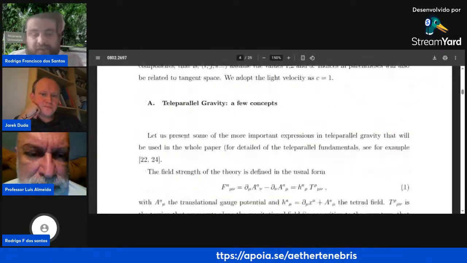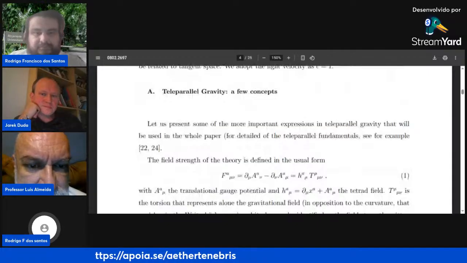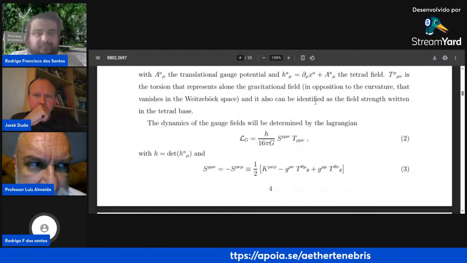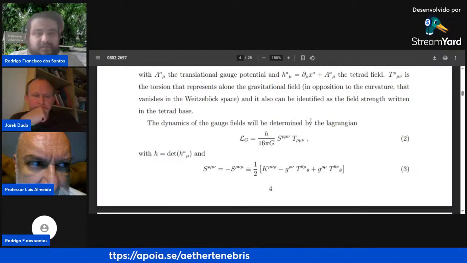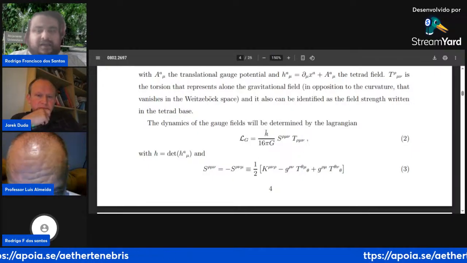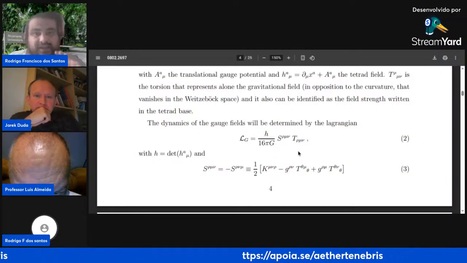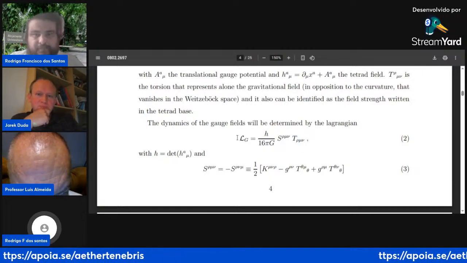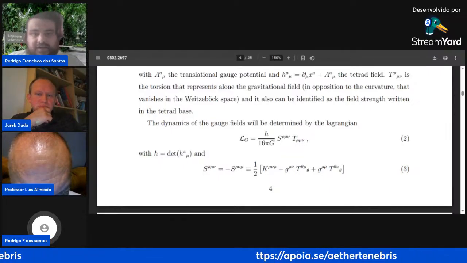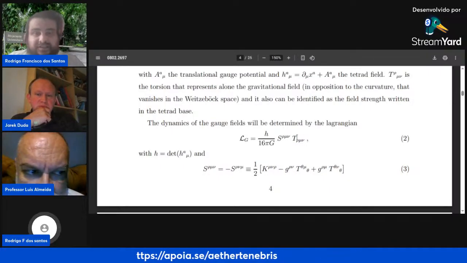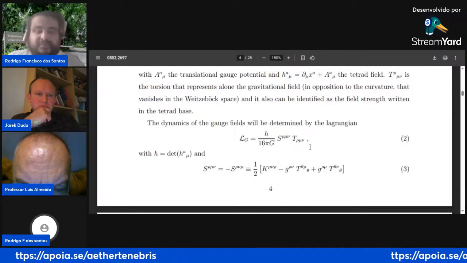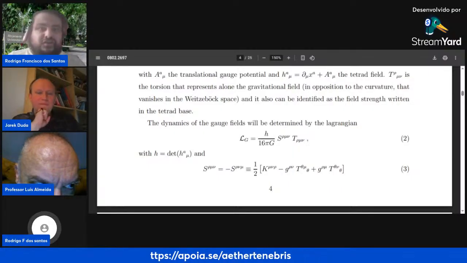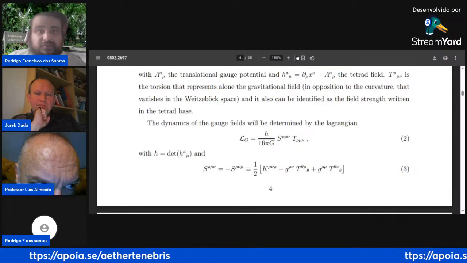The vector polarization, for me, is a torsion, and I need to write a Lagrangian of this type, where the torsion is a function of the polarization, the vector polarization.